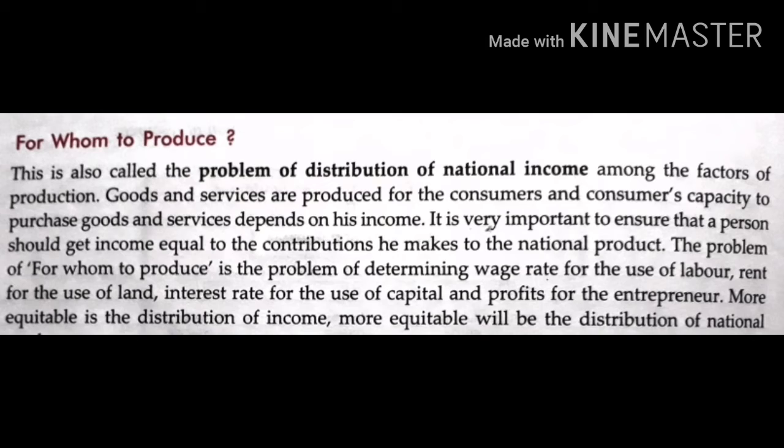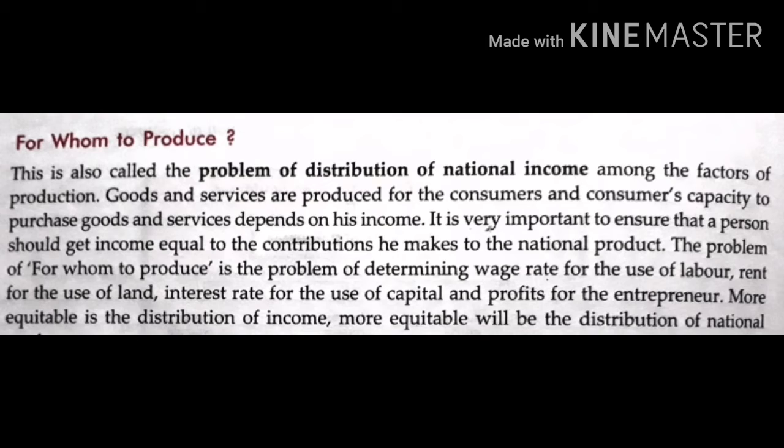As I told you, this money value of all the goods and services produced in the three sectors is distributed among four factors of production, and the same is written here: land receives rent, labor gets salaries or wages, capital earns interest, and entrepreneur gets profit.